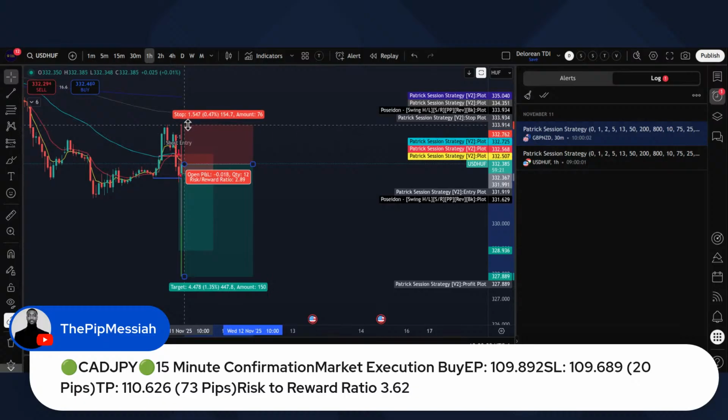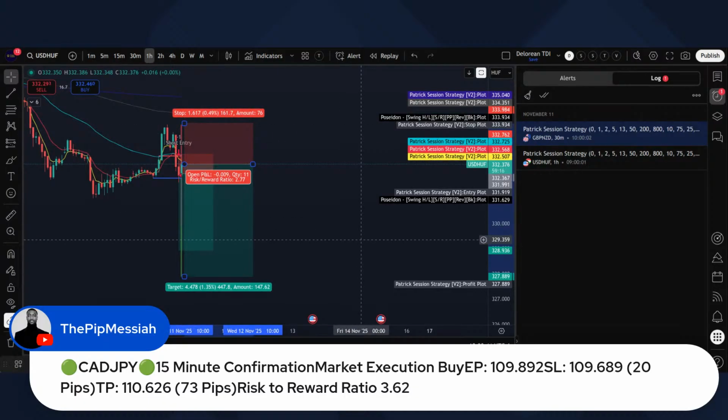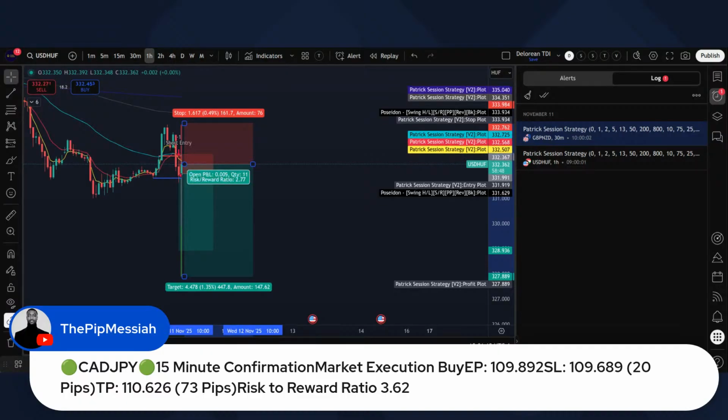Let's go ahead and again, we want this right above price here. All right, it's going to be a 2.77 risk.